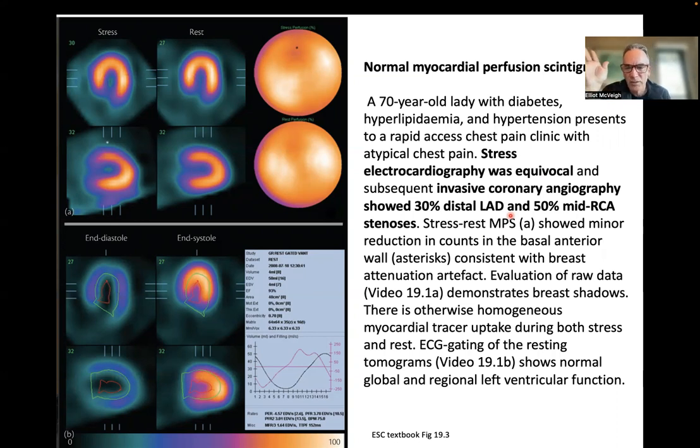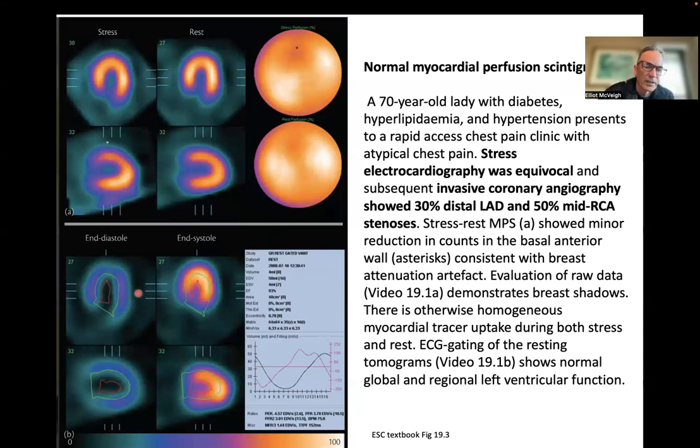Okay, so that's called a mild lesion, and a 50% diameter drop in the right coronary artery, and so that's sort of a mid lesion, it's not mild. But here's the rest scan and the stress scan, basically they both look normal, right? And so the view here is just like everything, there's nothing purple up here that has low flow values. It looks normal. So the flow was not affected by these lesions.